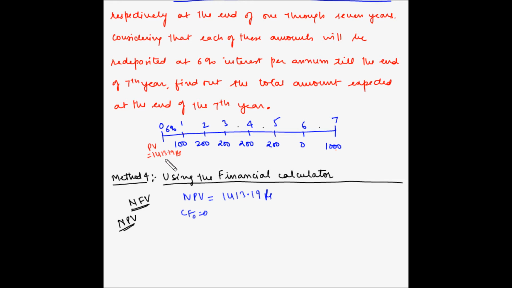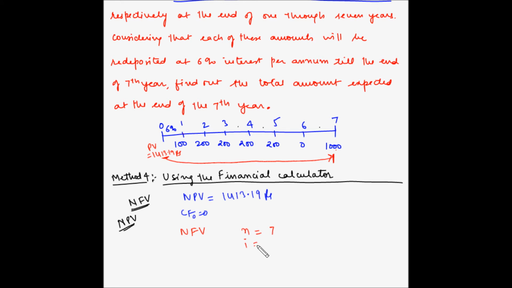Now we'll find out what this amount will get converted into at this point, which is the end of the 7th year. So we now have to find out the net future value. Now this is the case of finding out the net future value of a lump sum. So in that case, we have to enter 5 key buttons. First is N, which is the number of periods, which in our case is going to be 7.